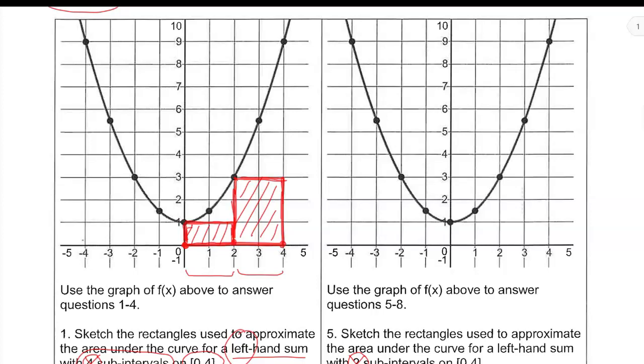It was flat and horizontal, and you could find exactly the area. Well, not every curve is flat and horizontal and easy. Some of them are shaped like this. This is a parabola. So we start off by doing this approximation. How good of an approximation is this? It's a pretty bad approximation, but that's so we can set up the idea, and then we're going to adjust the idea so that it's more appropriate.